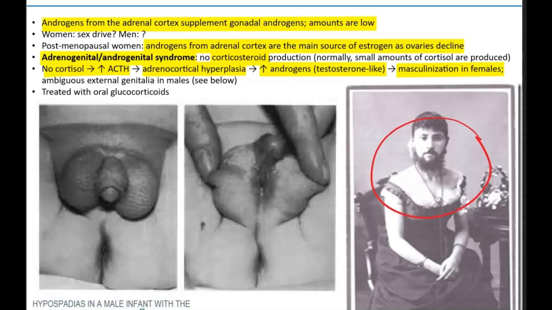In males, it will result in the ambiguous external genitalia condition known as hypospadias. Okay, so here in this image you can see very much reduced in size penis and the residual vagina.